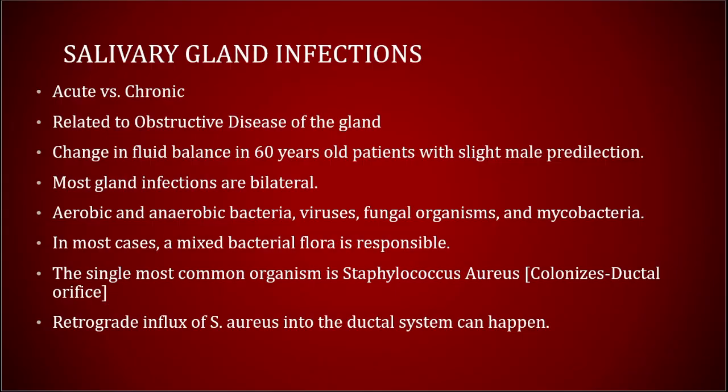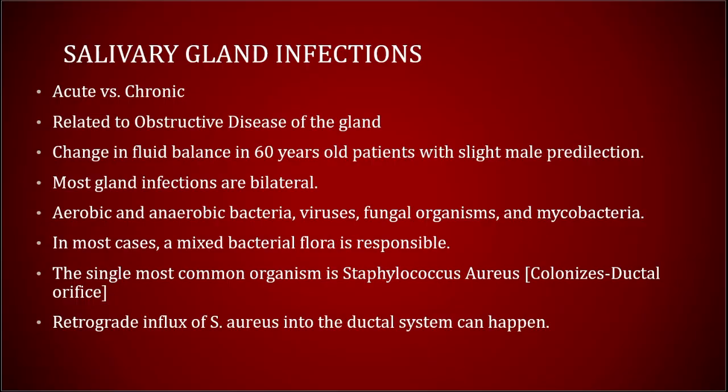Now, as for the infections, they can be acute or chronic. Usually it's an obstructive disease, an ascending infection due to dryness of the oral cavity. Ascending infection: bacteria from the oral cavity goes up through the duct and into the gland, causing the infection.